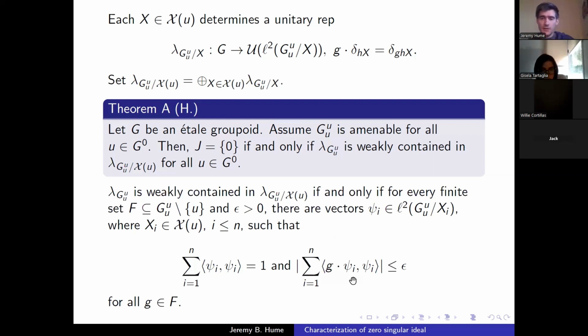And if you translate them with the group action and then measure them against their inner products, take the sum, that will be less than or equal to epsilon for all translates g inside of F.